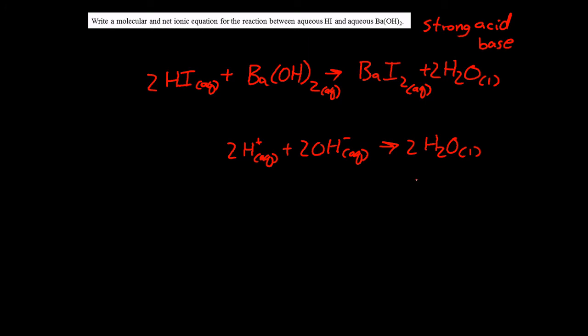This is one thing I'm a little bit fuzzy on: if you know that the true balanced chemical equation does have 2 of each, I'm not 100% sure if, when you simplify it down to the net ionic equation, you should also simplify the coefficients. That's not something I've seen any rules about, so I'm just going to leave those as 2's, since they were 2's up here. But if this was an exam or something like that, I wouldn't count it as incorrect if you put just 1 of each, because that would still be the correct ratio.